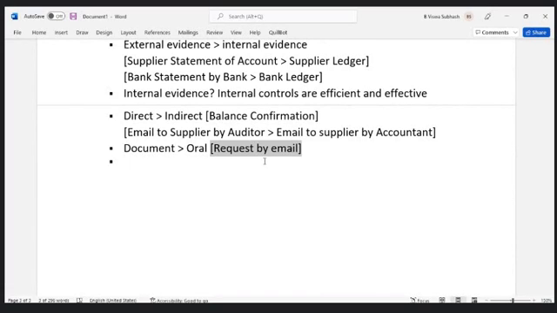This particularly happened where one of the CFOs complained to the management saying these people are dragging the audit. I don't see an end to this. Then the management got very angry and came back to us, saying this is not expected of you.